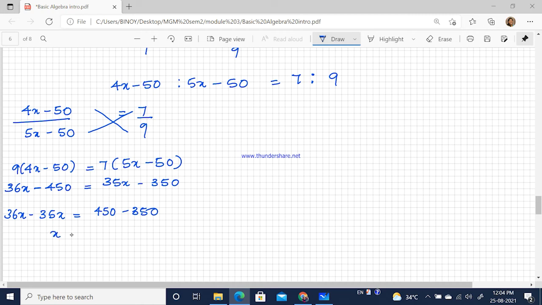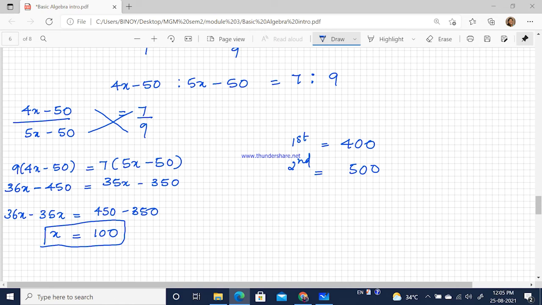So x is equal to 100. We got x is equal to 100. So the first income will be 400 and the second will be 500.